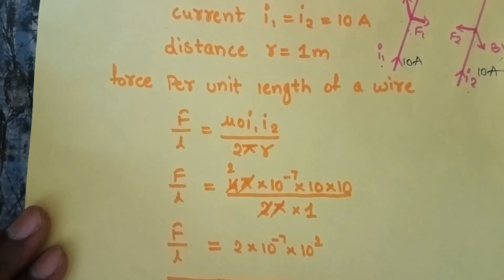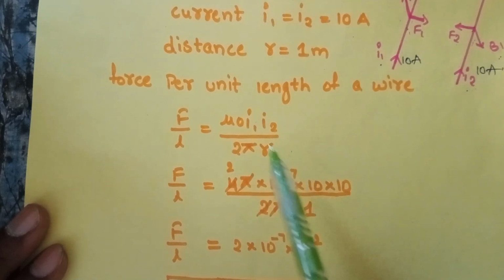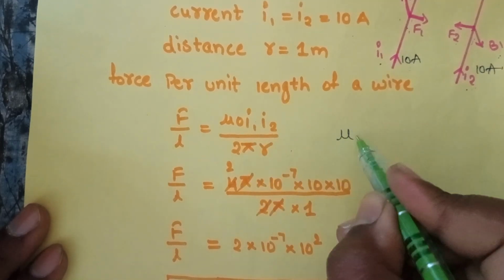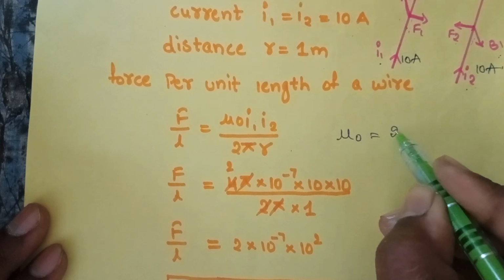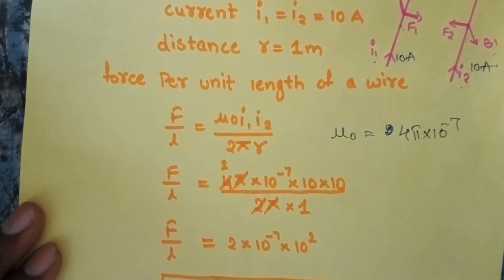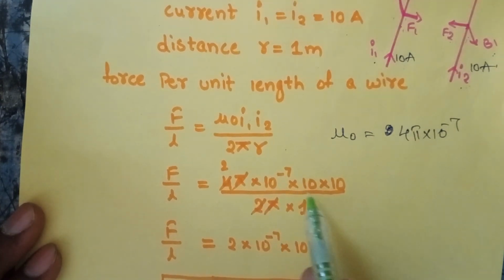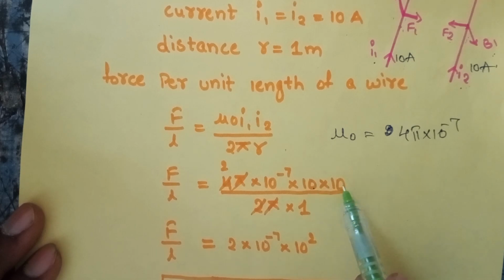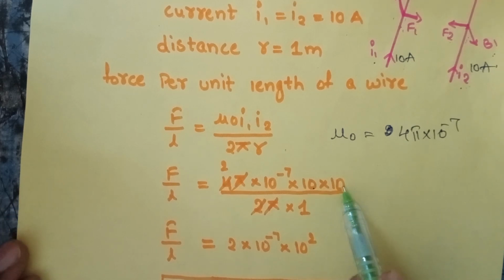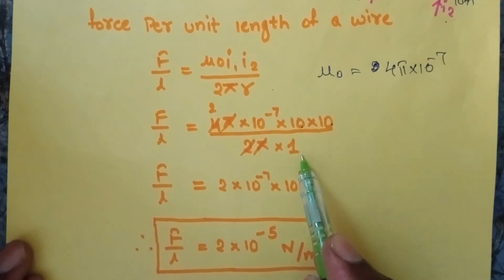Formula: F by L is equal to mu naught I1 I2 by 2 pi R. Mu naught value is 4 pi into 10 to the power of minus 7. So 4 pi into 10 to the power of minus 7 into I1 value 10, I2 value 10 ampere, by 2 pi R, 2 pi into R value 1 meter.